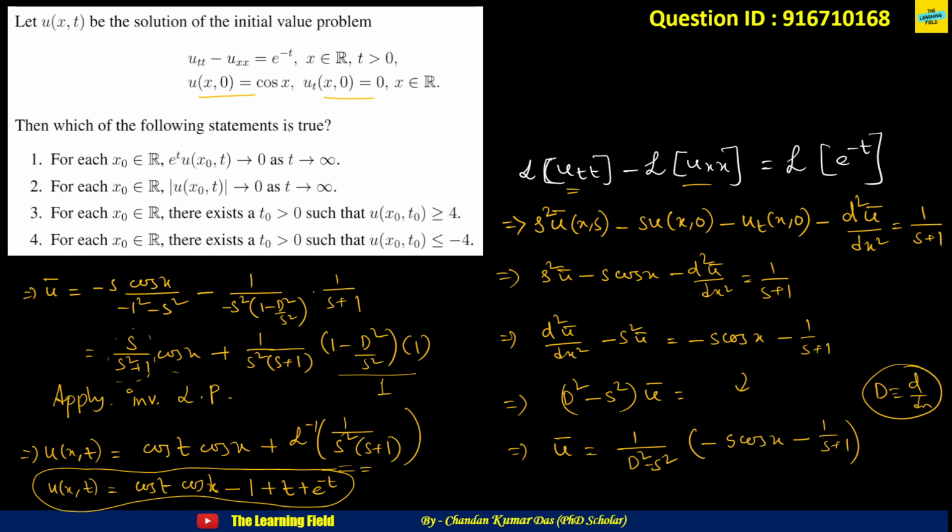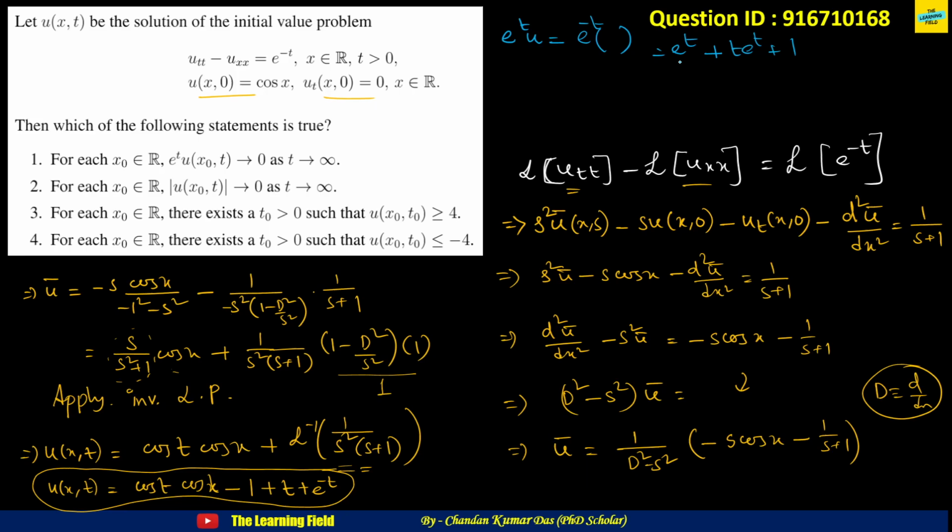Now if we write the first one, if we multiply this by e to the power minus t, so e to the power minus t into u, this is equal to what? The first term, cos x and cos t, both the cos are bounded, times e to the power minus t, plus minus e to the power minus t plus t e to the power minus t plus 1.